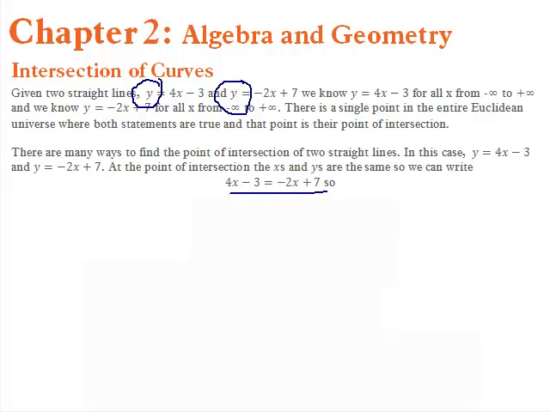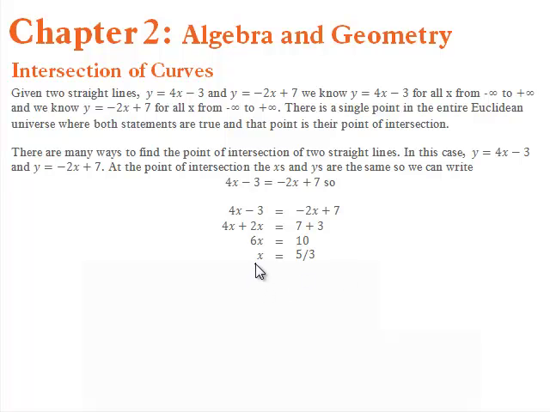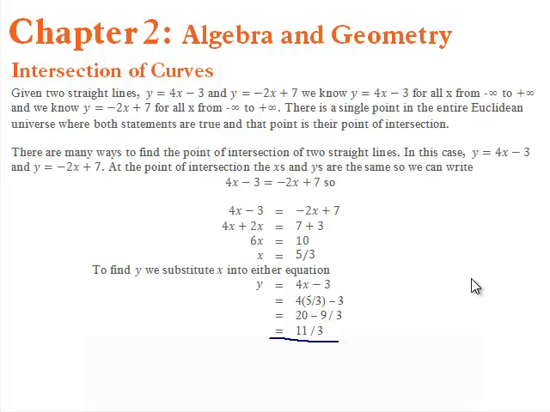Now, because we've got y equals there and y equals there, I can simply set the two equations equal to each other, and then with a little bit of algebra we can find that x equals 5 over 3 at the point of intersection. If we substitute that value of x into one of the curves, this one for example, we can find with a little bit of algebra that the point of intersection is y equals 11 over 3.